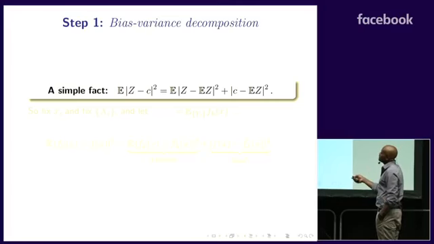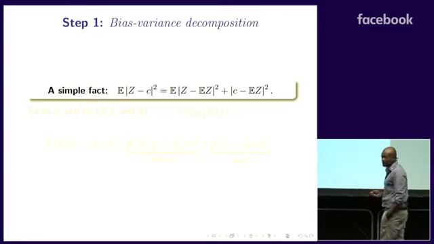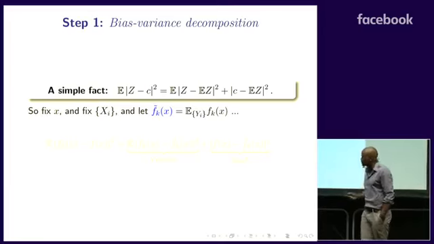The expected squared distance from Z to a constant can be decomposed as the variance of Z plus the squared distance from c to the expectation of Z. This is just algebra. So from this fact, we'll get the bias variance decomposition. This is how we'll proceed.